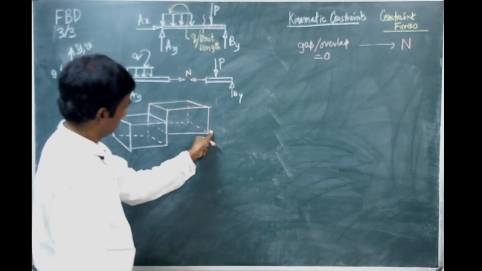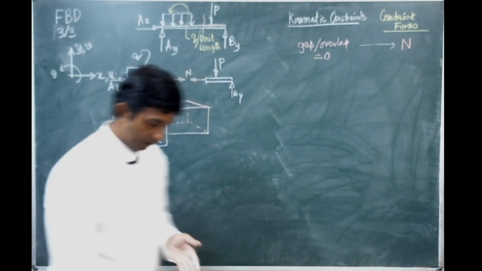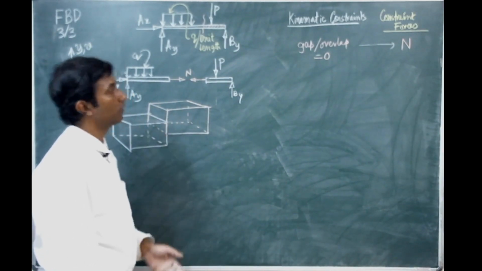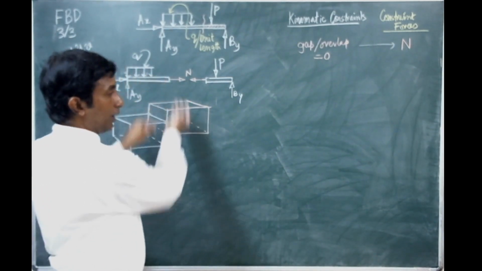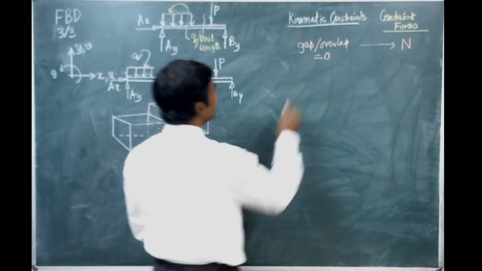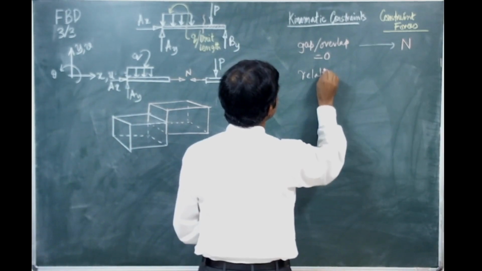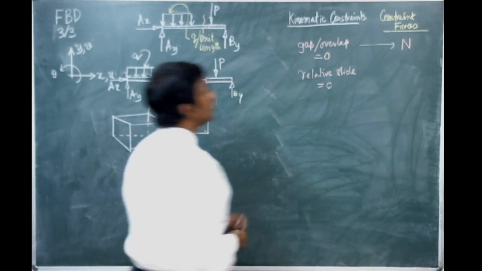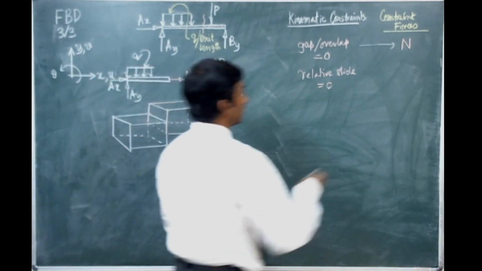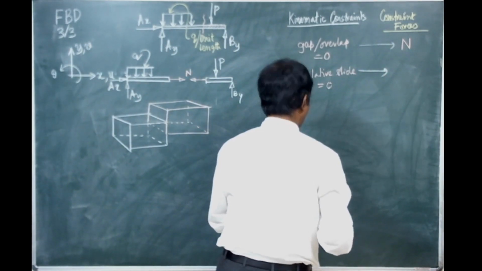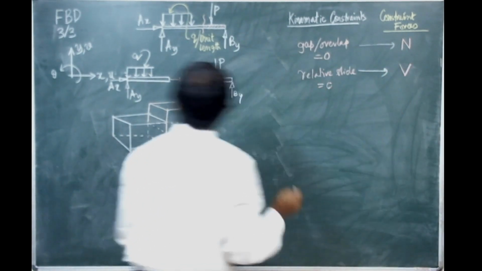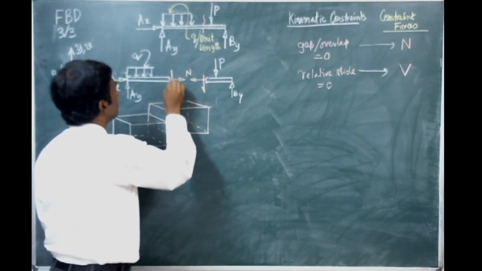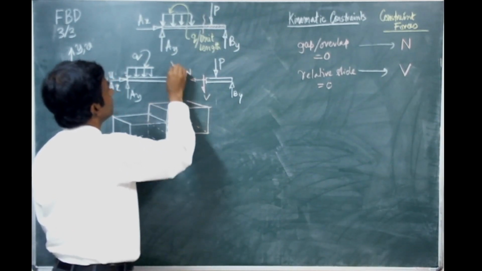Okay. So you need a constraint force such that this relative slide becomes 0. Either in this direction or the opposite direction. And for that, what you need? We say that we need a force V. So we are going to consider this one, V.